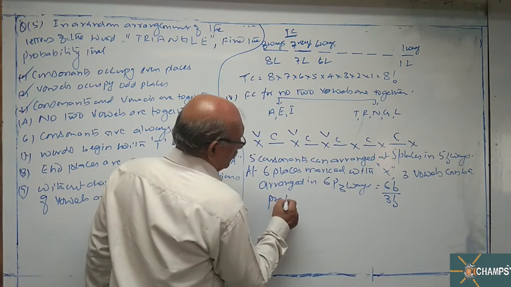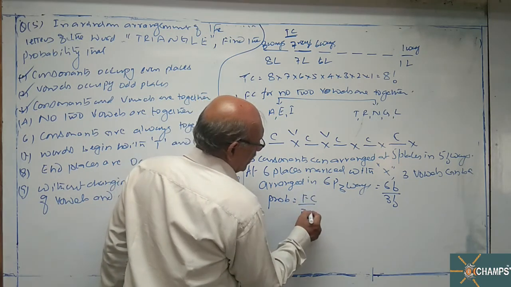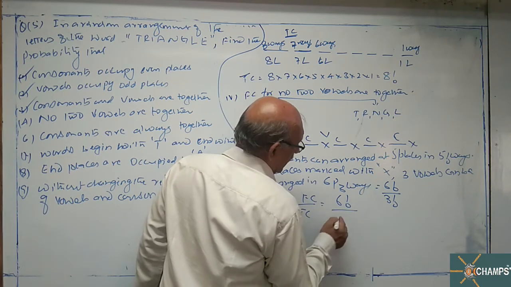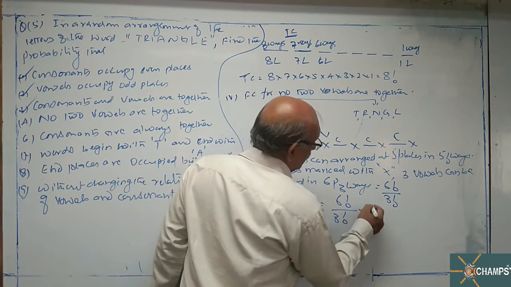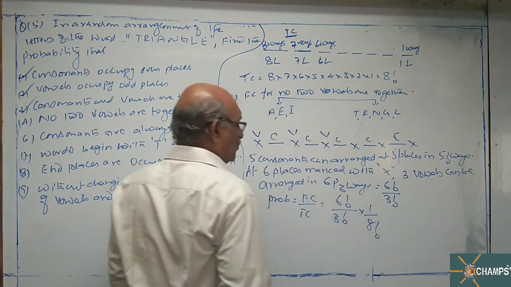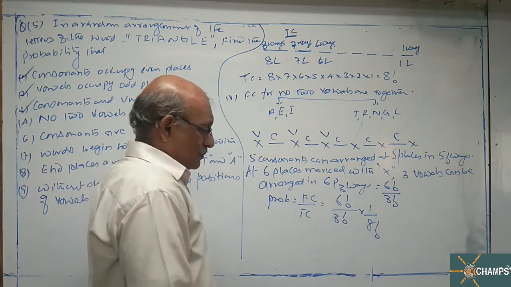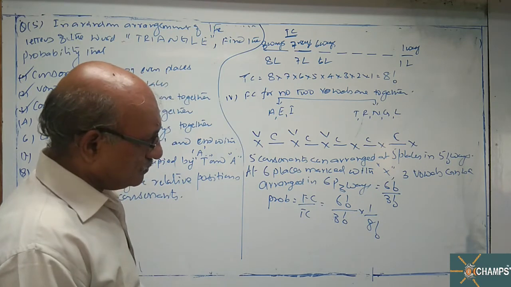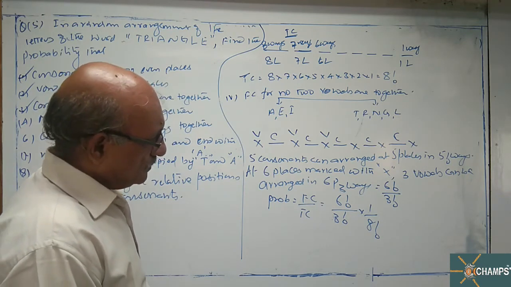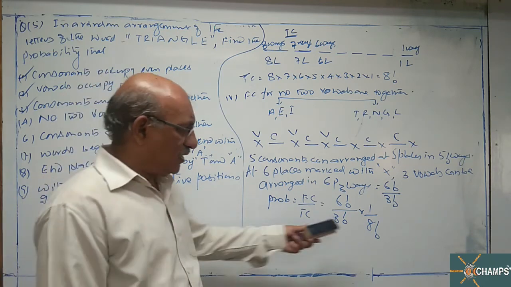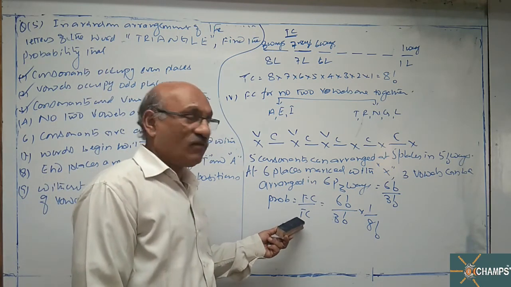So probability is equal to favorable cases over total number of cases. 6 factorial by 3 factorial into 5 factorial, by 8 factorial. This 8 factorial is for the total number of cases.